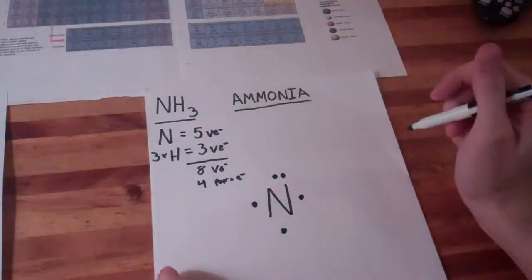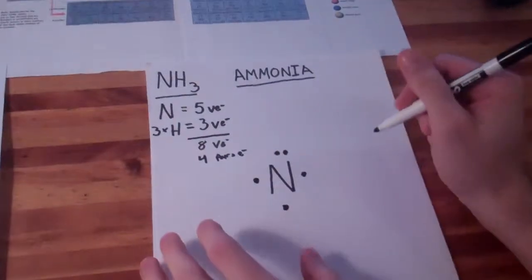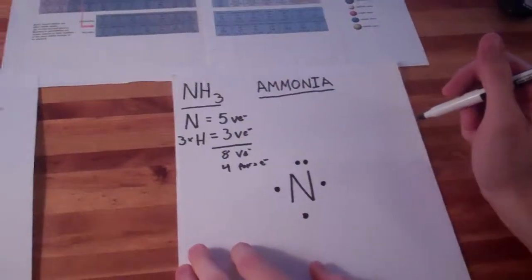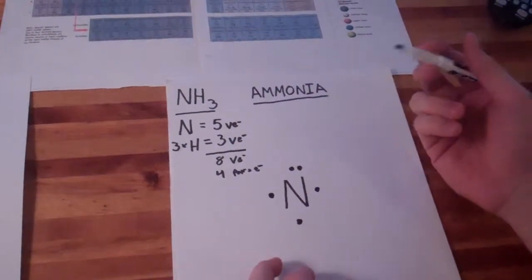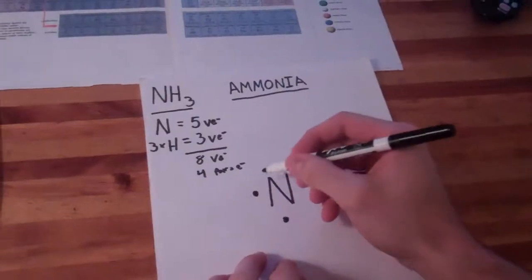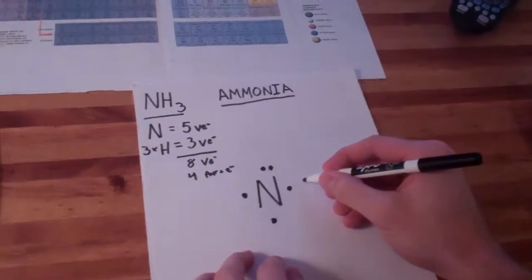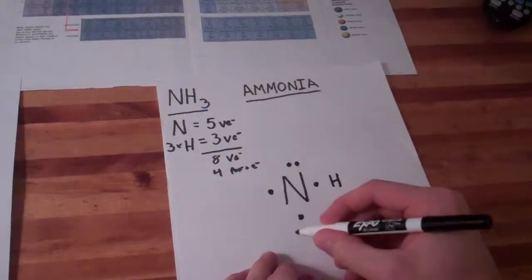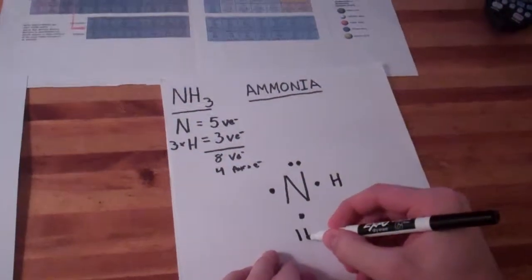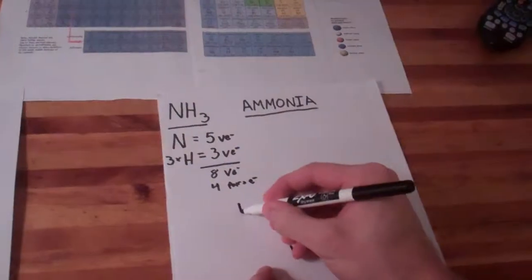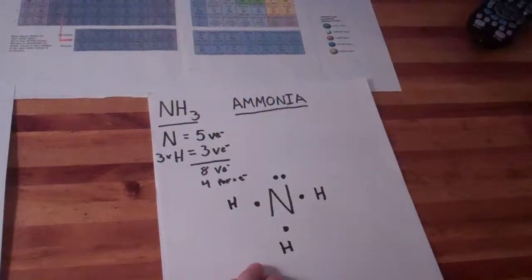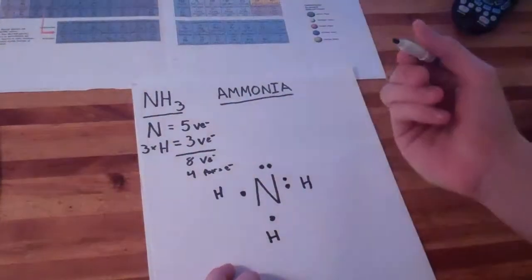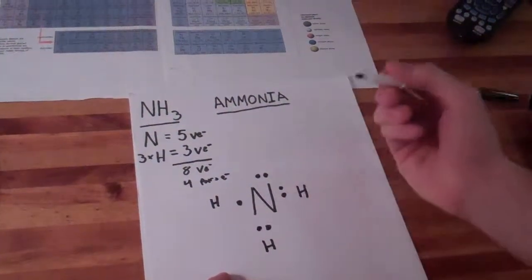Now we are going to bond the hydrogen atoms around the outside. So we're going to put a hydrogen atom over here, hydrogen atom down here, and hydrogen atom down here. And now since they all have 1, they're going to make pairs really nicely, like this.